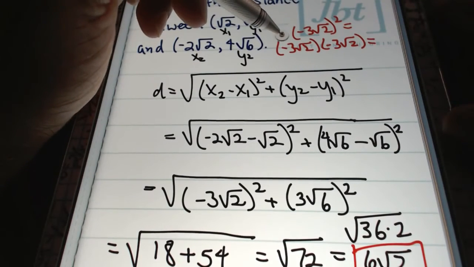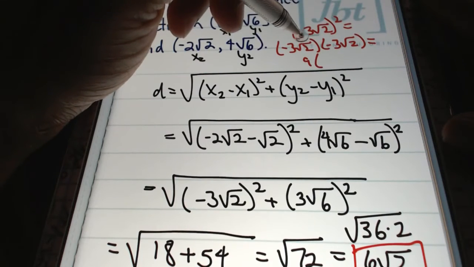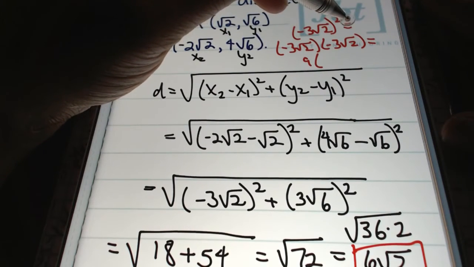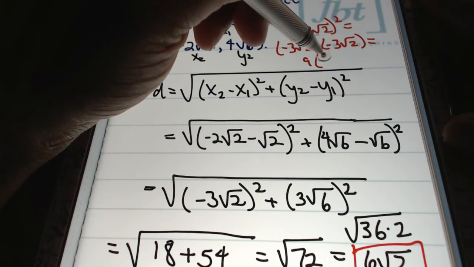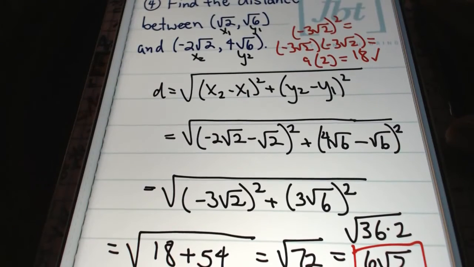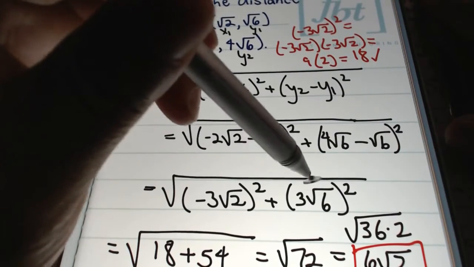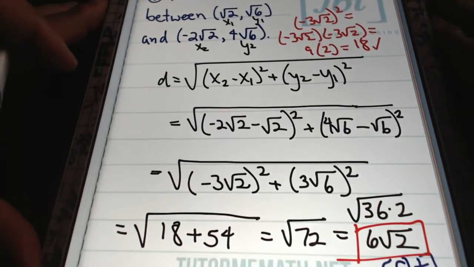For instance, you can multiply the -3 times the -3. You know that's 9, right? And then the square root of 2 times the square root of 2 will give you initially the square root of 4. And the square root of 4 is 2. So that's how you end up with 18 as a result there. And you do the exact same process when you're squaring the 3 times the square root of 6.